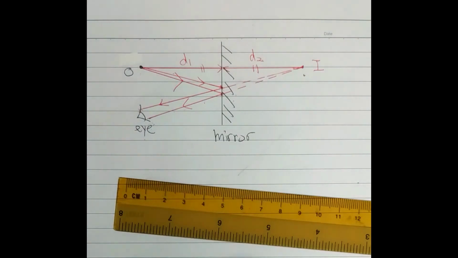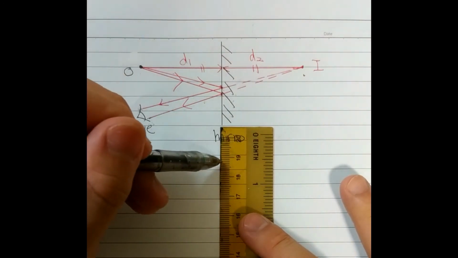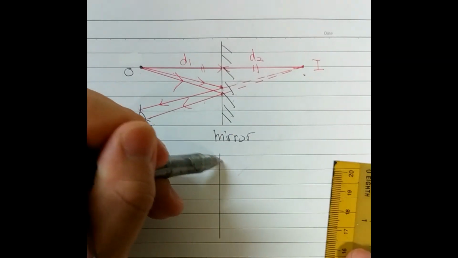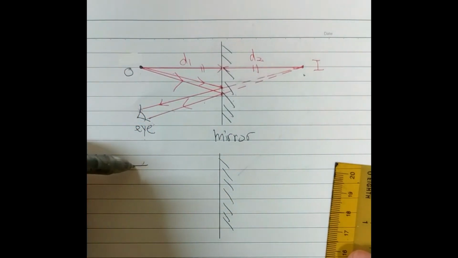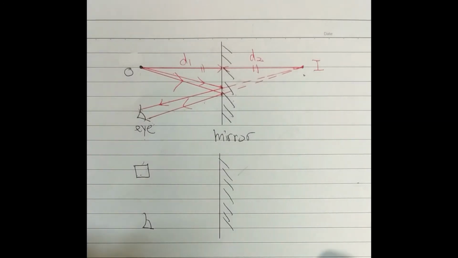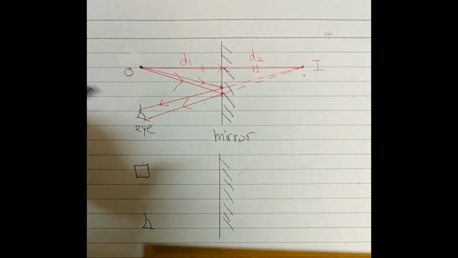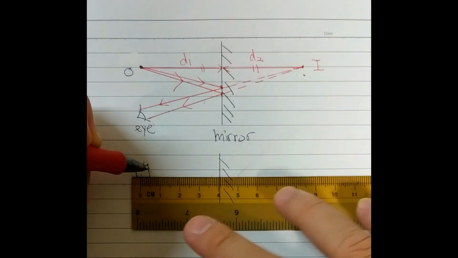For example, in this case, let's say I have another object, again the mirror here. Now I have a square object, and my eye will be here. You are going to repeat the same process again. I'm going to measure the location of my object to locate the image first.